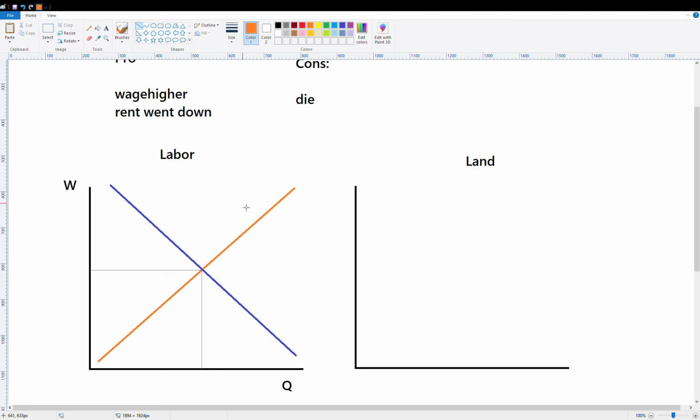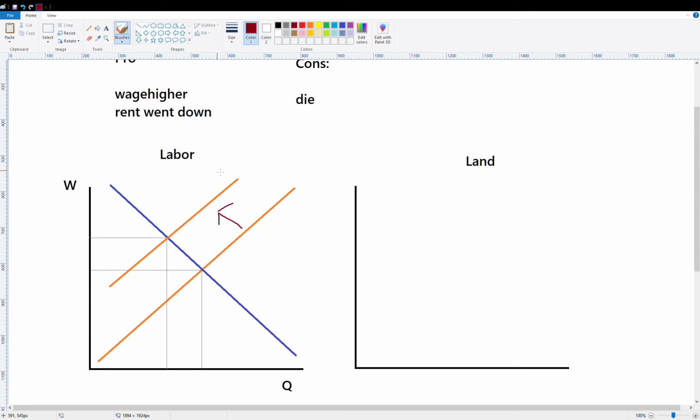Since it went left, this is the new equilibrium. The quantity of people decreased, but the wages increased for the people that survived. So if you didn't die, it was good for you.